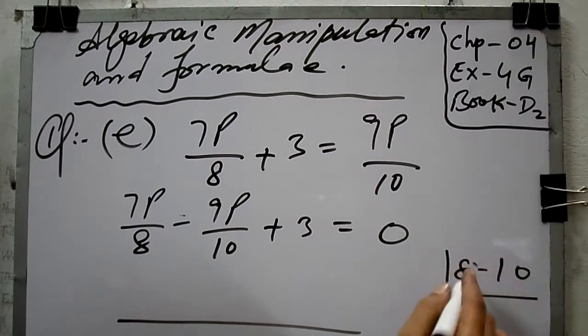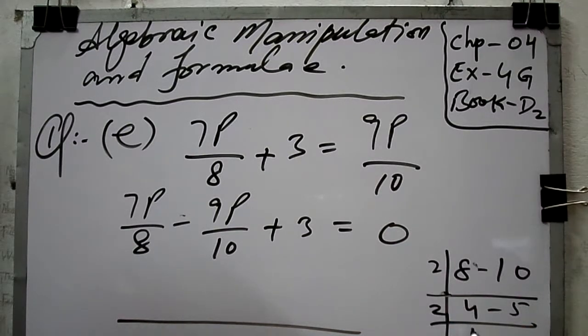You will get 2, 4 2s are 5 2s are, then again 2 2s are, then again 2, then 5 1s are 5, 5 2s are 10, 10 2s are 20, 20 2s are 40. So LCM is 40.